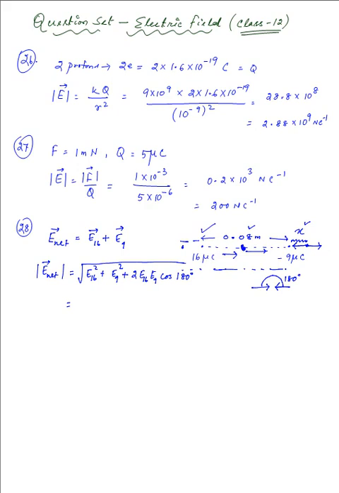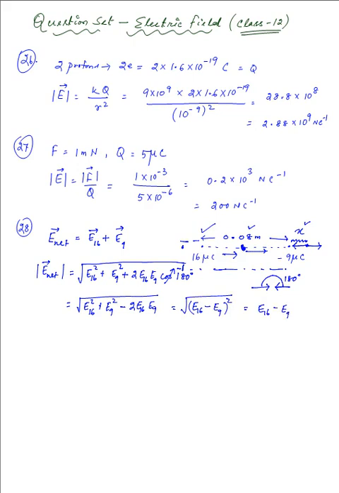Cosine of 180 is minus 1, so we get the root of E16 squared plus E9 squared minus 2 E16 E9. That is the root of E16 minus E9 whole squared, which is nothing but E16 minus E9 directly.